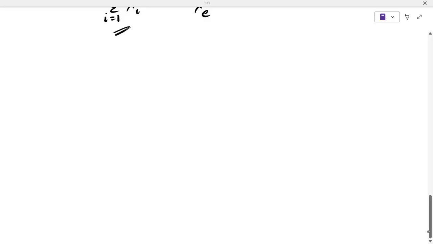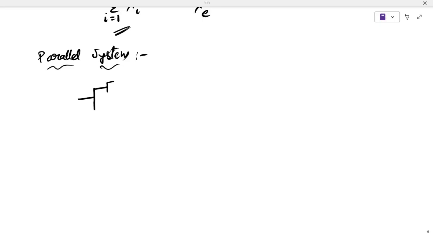Second one is parallel system. Same two components, just now I am connecting them in parallel instead of series. See what will happen. These are the components 1 and 2.